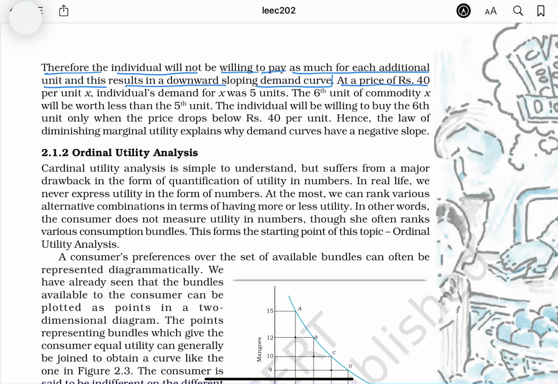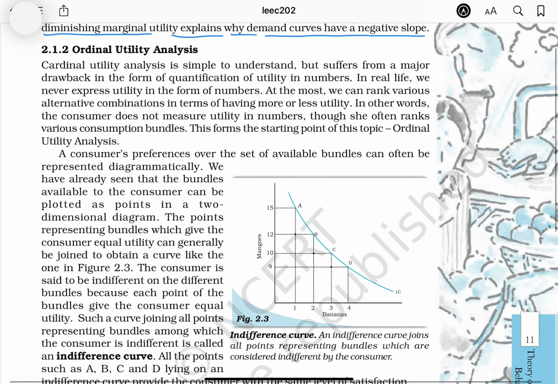At a price of rupees 40 per unit of X, the individual's demand for X was 5 units. The sixth unit of commodity X will be worth less than the 5 units. The individual will be willing to buy the sixth unit only when the price drops below 40 per unit. Hence, the law of diminishing marginal utility explains why demand curves have a negative slope.